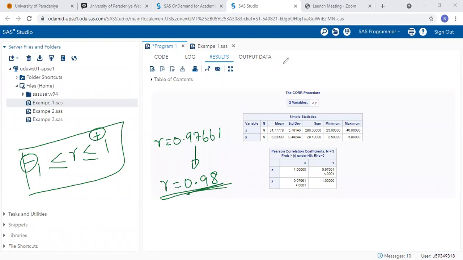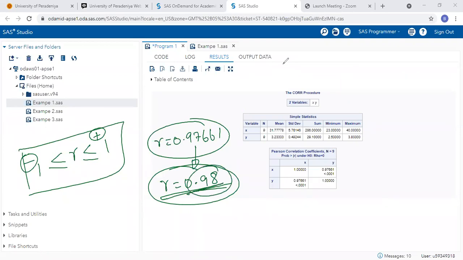In this case it is a positive relationship. That means the R value is very positive, so it is a direct relationship, and also R is very high, much closer to 1, so it is a very strong relationship.